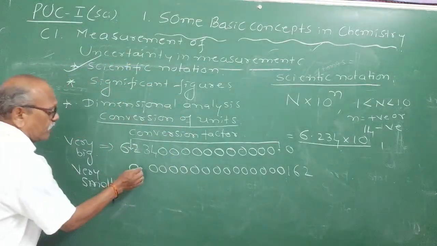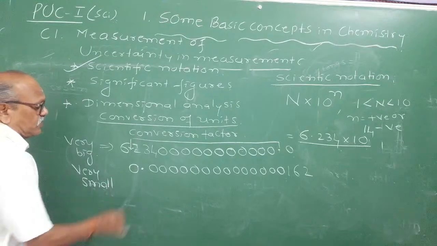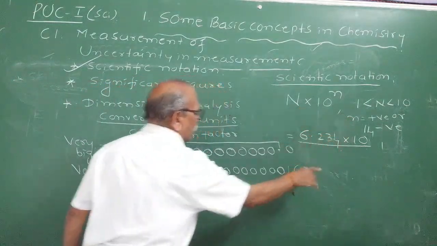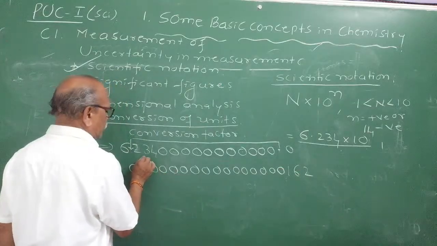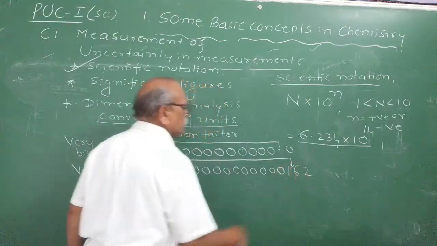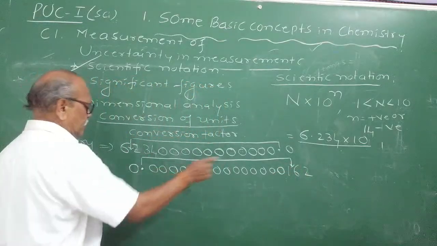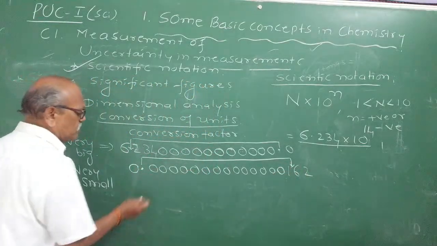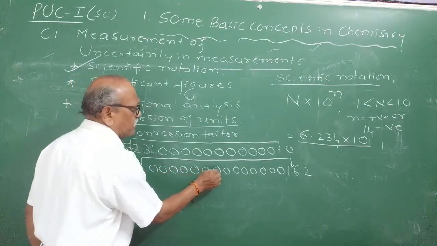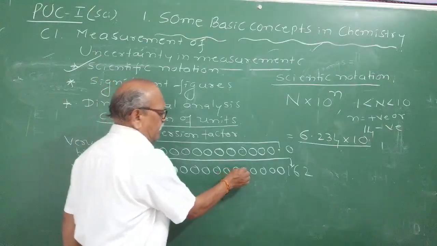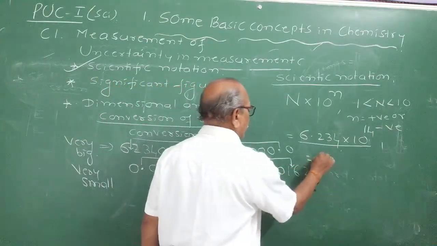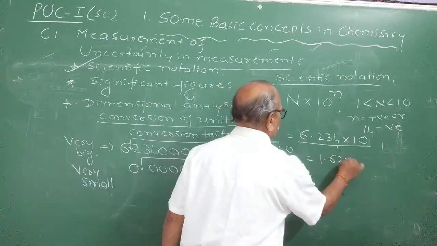Suppose that I want to express this in scientific notation. I have to shift this decimal point because N must be 1 or greater than 1. So you have to shift the decimal point to the right, 15 places, so that I can put it as 1.62 into 10 raised to minus 15.